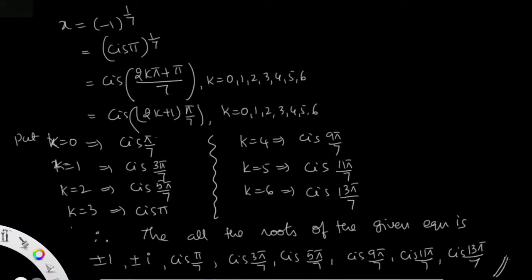That's all. That is the total set of all roots of the given equation. This carries 7 marks.